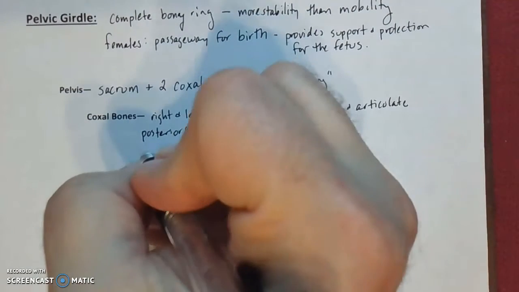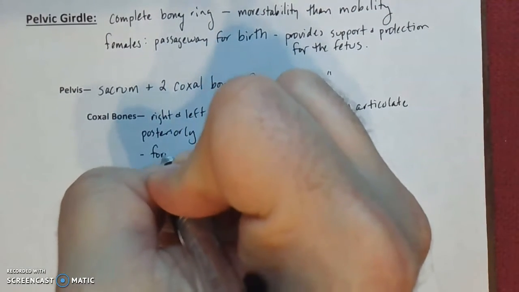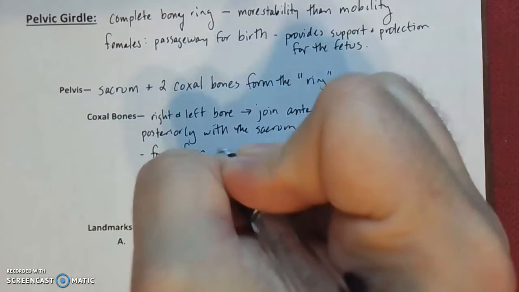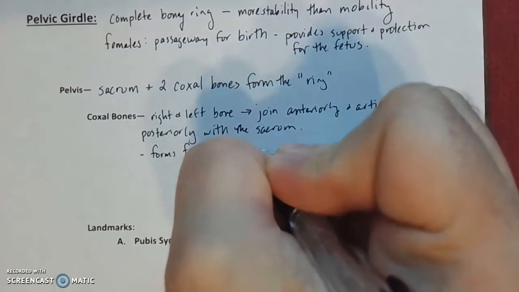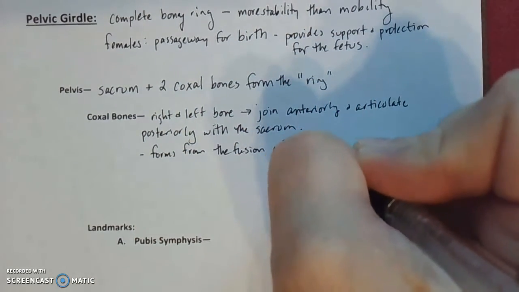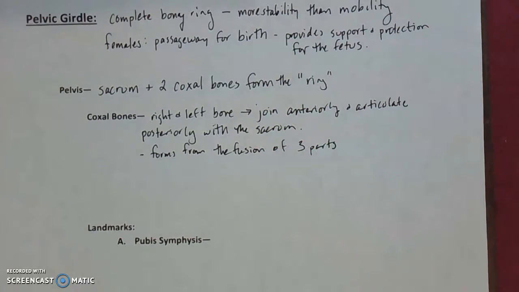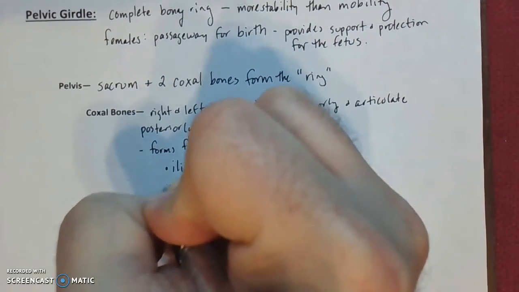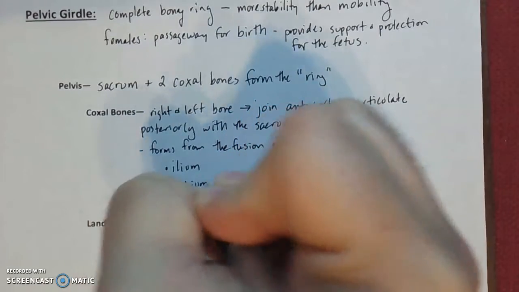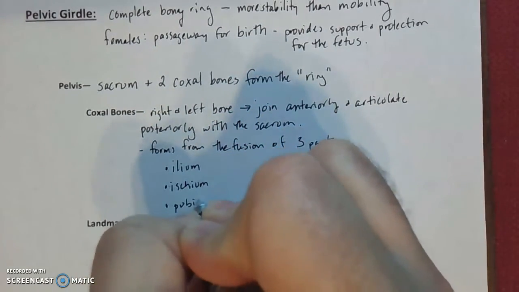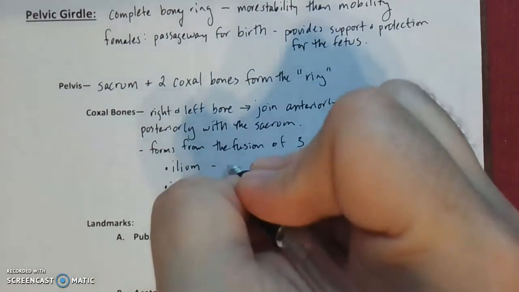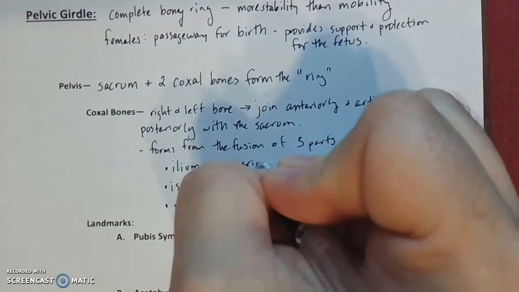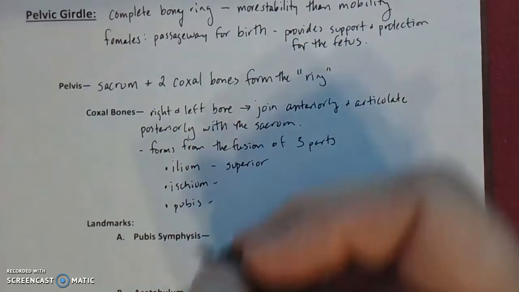So this coxal bone forms from the fusion of three parts. And we'll look at those three parts when we look at the diagram, but they are called the ilium, the ischium, and the pubis. The ilium is the superior part of the coxal bone.